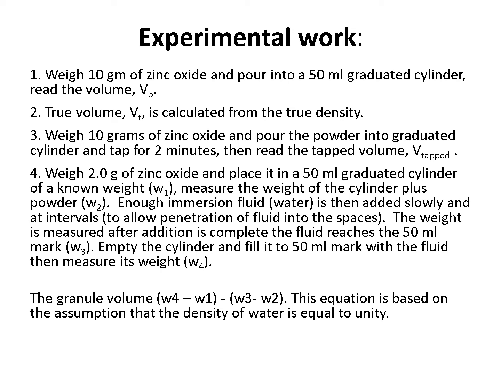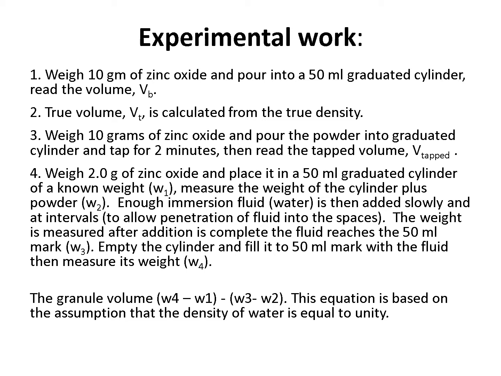So the first subtraction, W4 minus W1, will give me the weight of the powder, the weight of the voidage inside, WG, and the weight of the voidage in between, and the weight of water complementary to the Thermark.